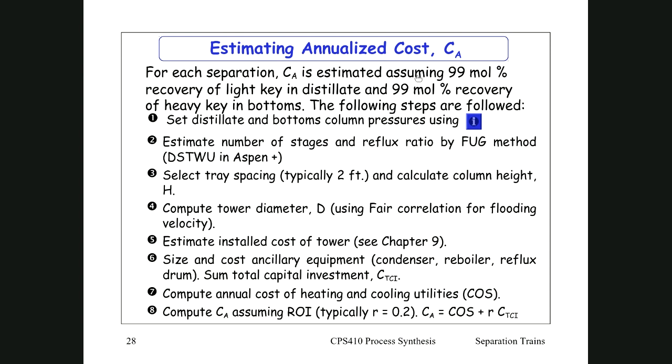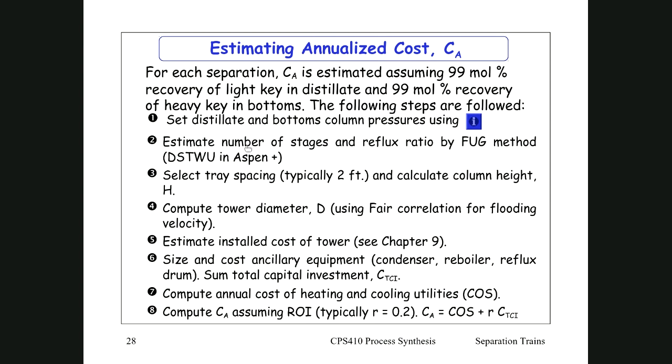If you've got a separation sequence that you want to put economic values on, in that class example, we had 4 distillation columns. For each of those distillation columns, you can assume 99% recovery of the light key and the heavy key, and then set the distillate and bottom column pressures using that logic diagram that we did yesterday.